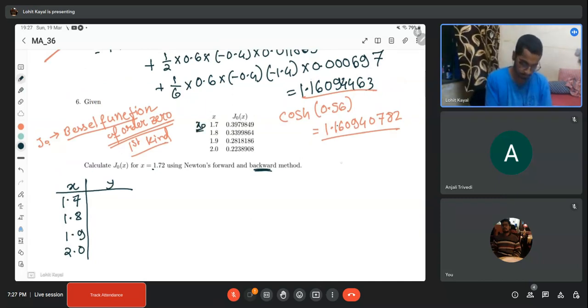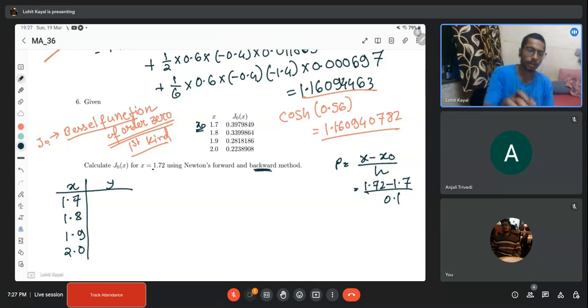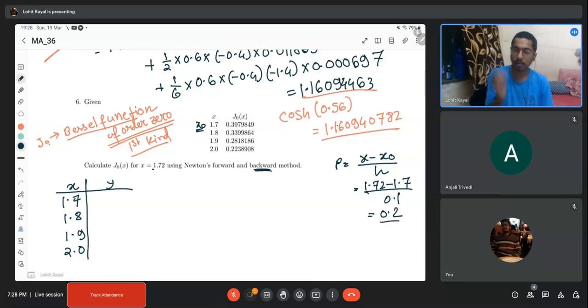So P equals x minus x naught divided by h, which is 1.72 minus 1.7 divided by 0.1, so the value is 0.2. Now we are all set.